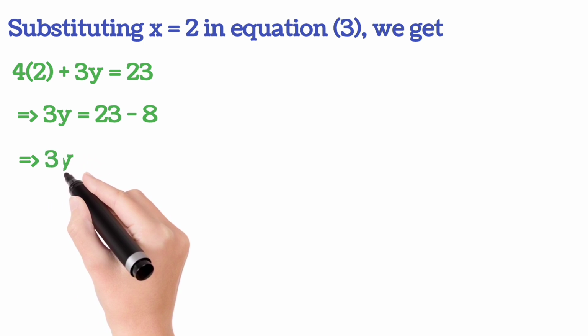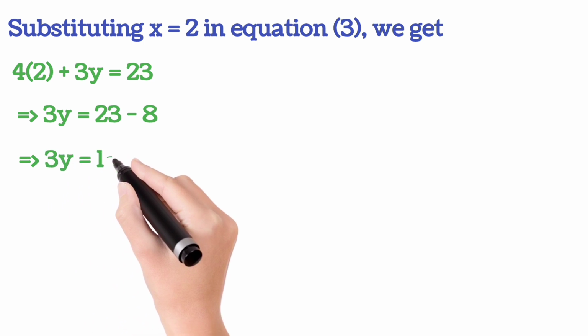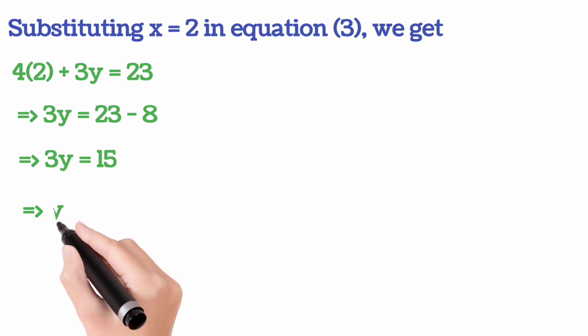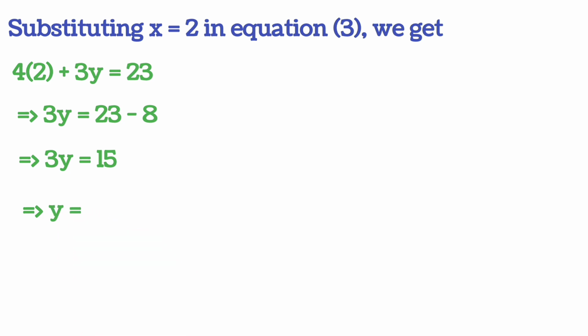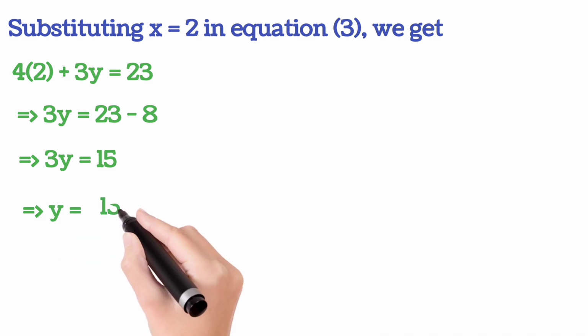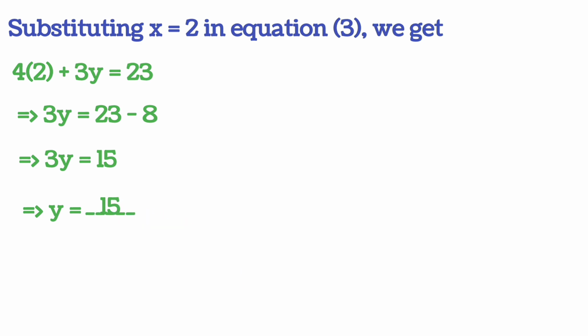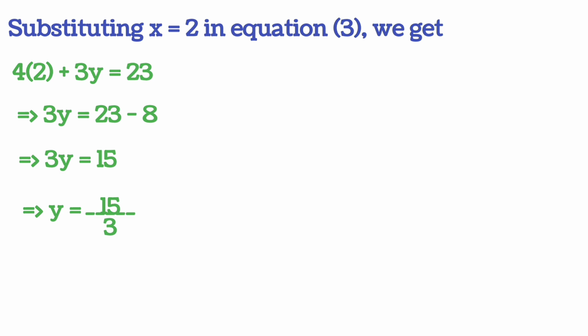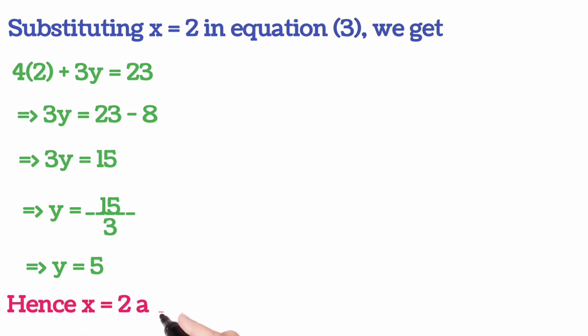That implies 3y equals 15. So y equals 15 by 3, and 3 fives are 15, so our value of y is 5. So we got x equals 2 and y equals 5. This way you will write: hence x equals 2 and y equals 5.